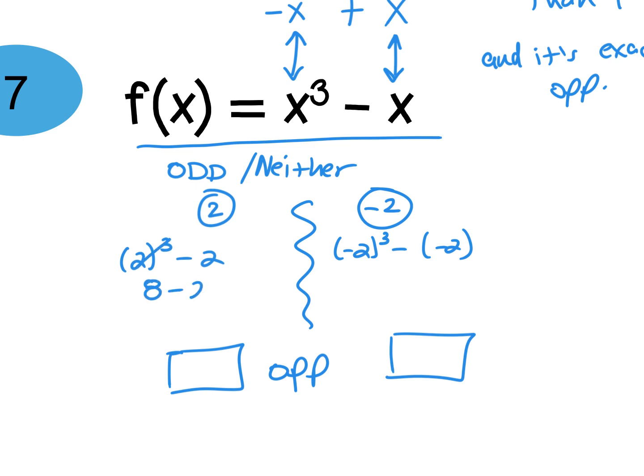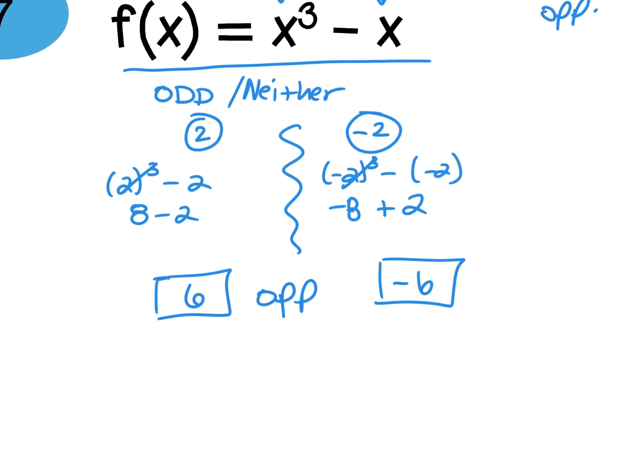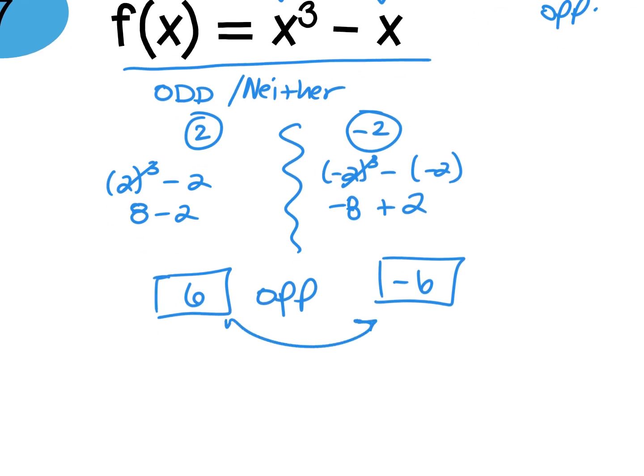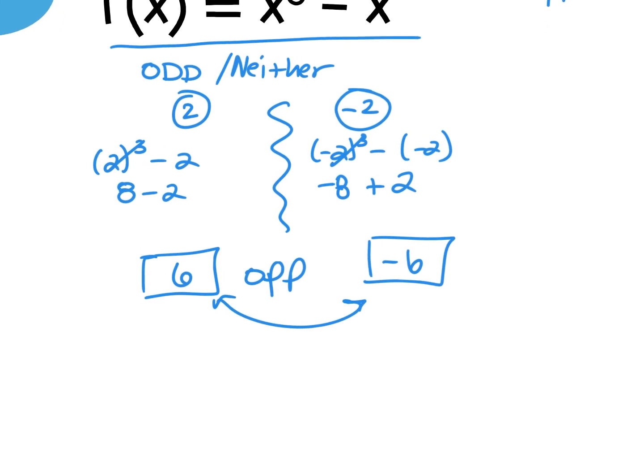And then what's 8 minus 2? 6, okay? On the right-hand side, what is negative 2 cubed? Negative 8. And then I have minus a negative 2, which is plus 2. What's negative 8 plus 2? Negative 6. Are 6 and negative 6 exact opposites? Yes. So this is an odd function.